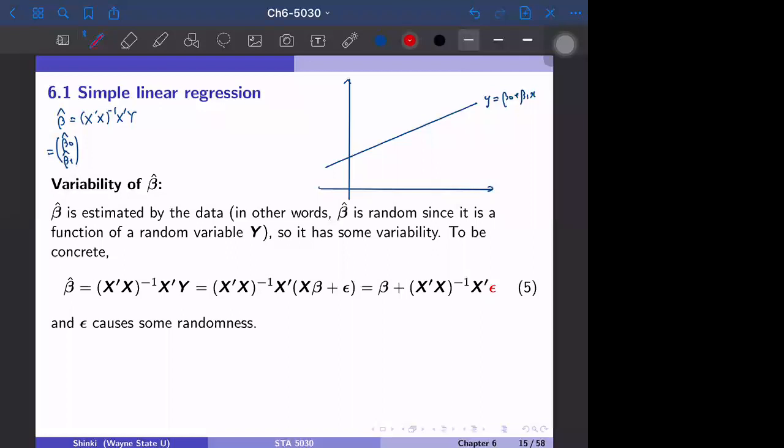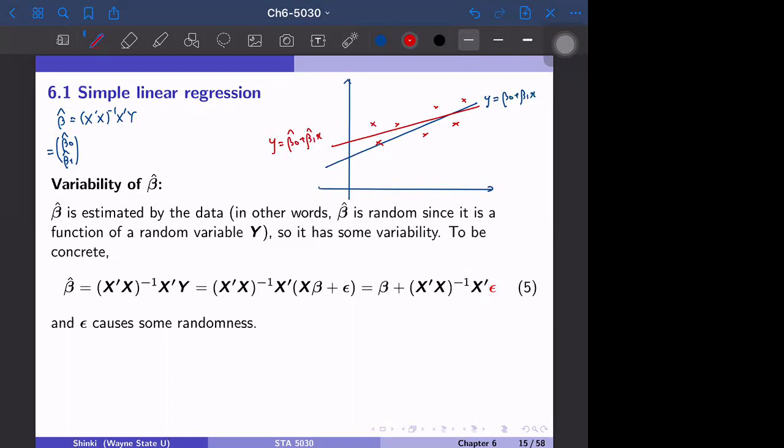Then we observe several data points like this, and we estimate a line from these points. So probably the line is around here. So it's not exactly the same as y is equal to beta naught plus beta 1x, but this is y is equal to beta naught hat plus beta 1 hat x.